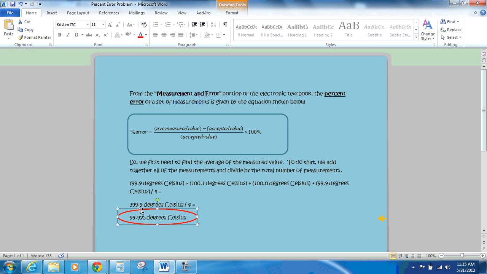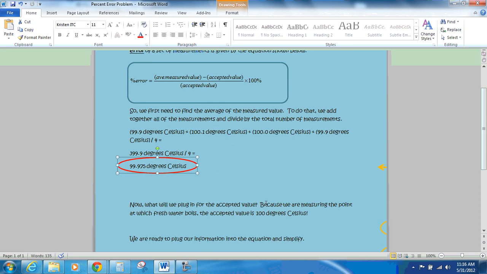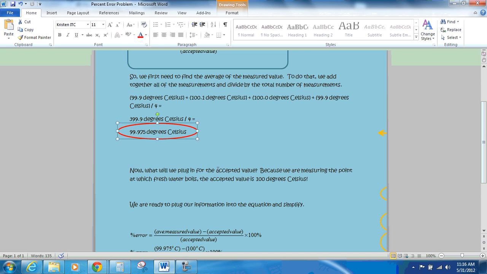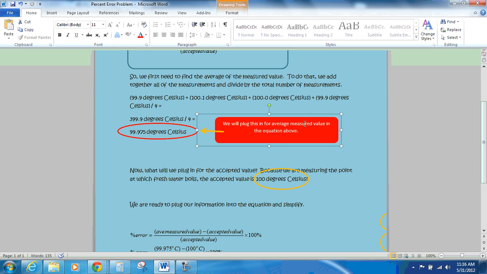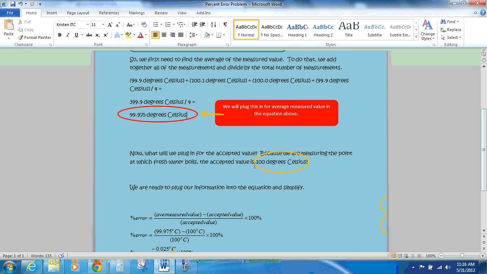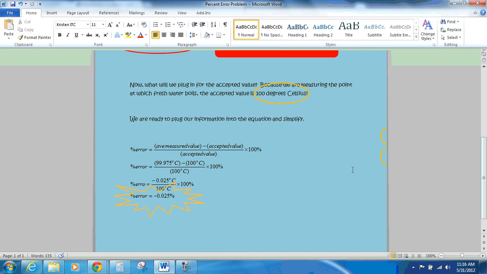This we will take and plug in for the average of the measured value in our percent error equation. Again, we know the accepted value for our boiling water. It is 100 degrees Celsius. So 99.975 degrees Celsius we plug in for the average measured value in the percent error equation. 100 degrees Celsius we plug in for the accepted value or actual value in our percent error formula.